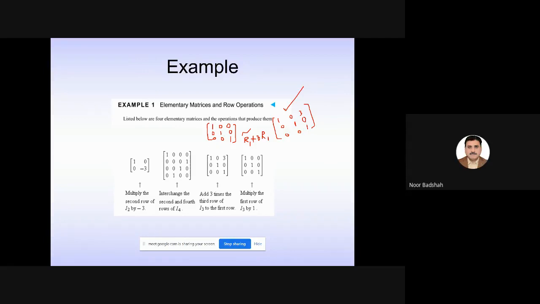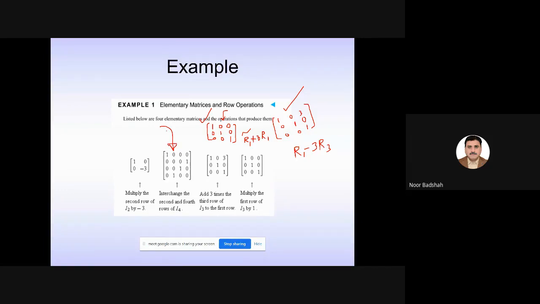If you want to get back the identity matrix, you would apply the operation row number 1 minus 3 times row number 3. Then you will get back the same matrix. So that's what I said. If you are given a matrix, how would you know it's an elementary matrix?